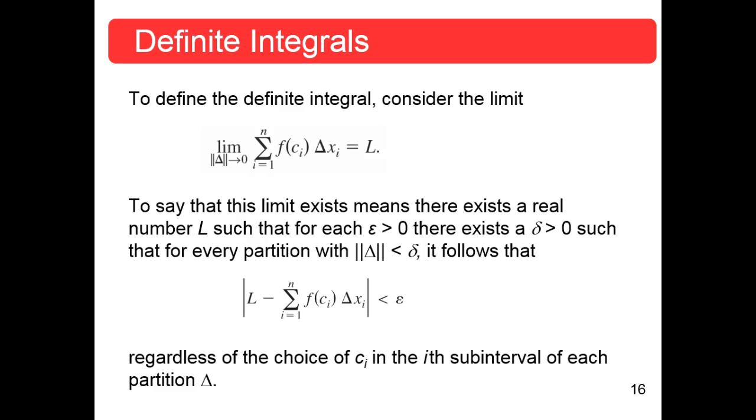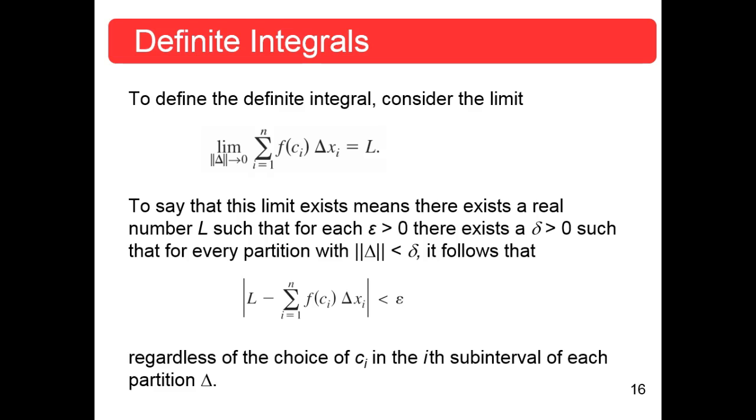So why even mess with it? As long as that's true, the summation from i equals 1 to n of f of c sub i delta x sub i, if that has a limit, and that limit is L, to say that limit exists means there exists some real number L such that for any epsilon greater than 0, sounds like a good old derivative formula, isn't it?